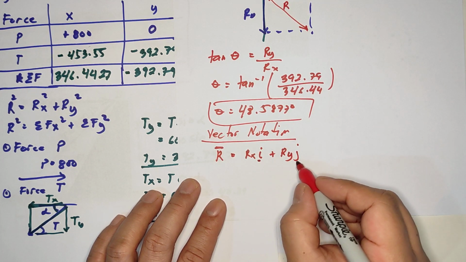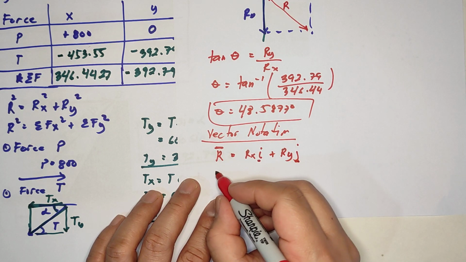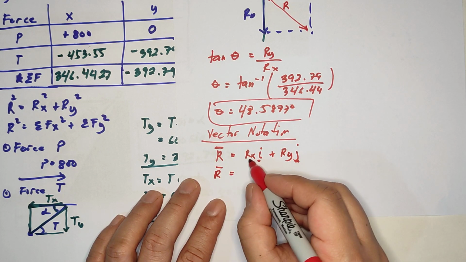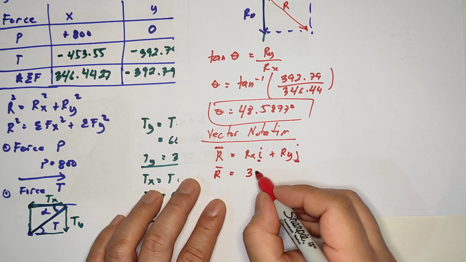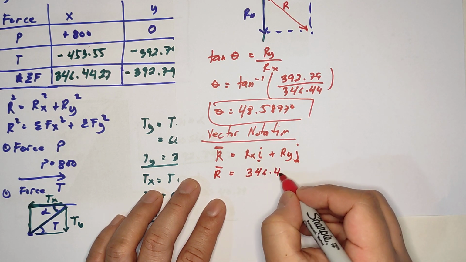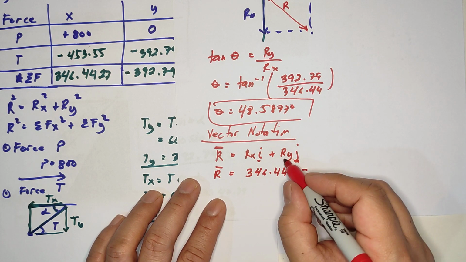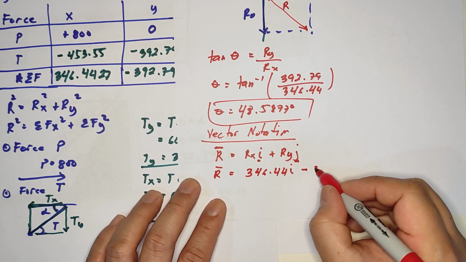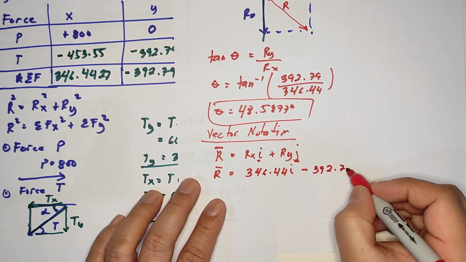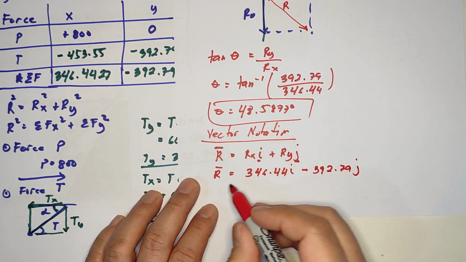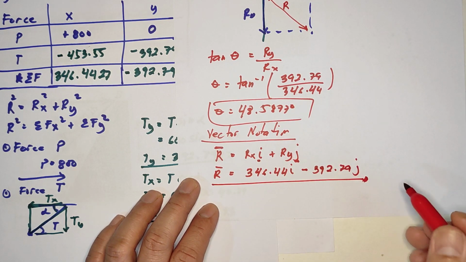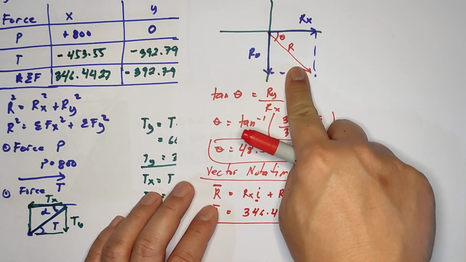Okay, this is what you call the unit vector. So what is Rx? 346.44 i. Then you have negative Ry, because that is negative, 392.79 j. So this is the vector notation for this vector.